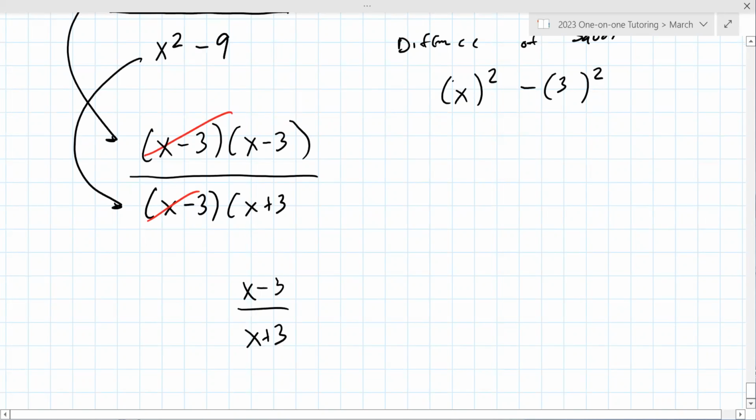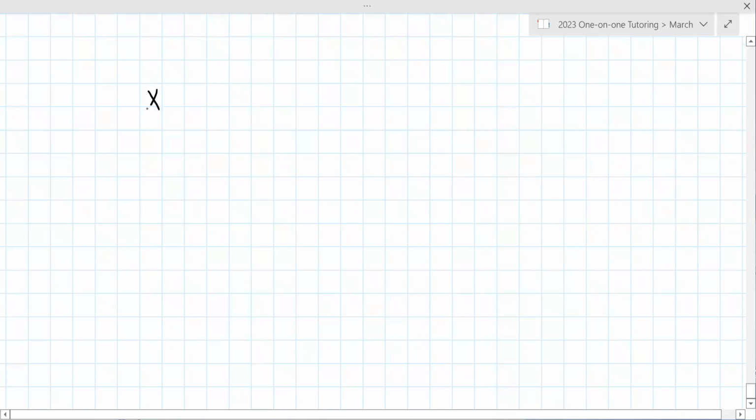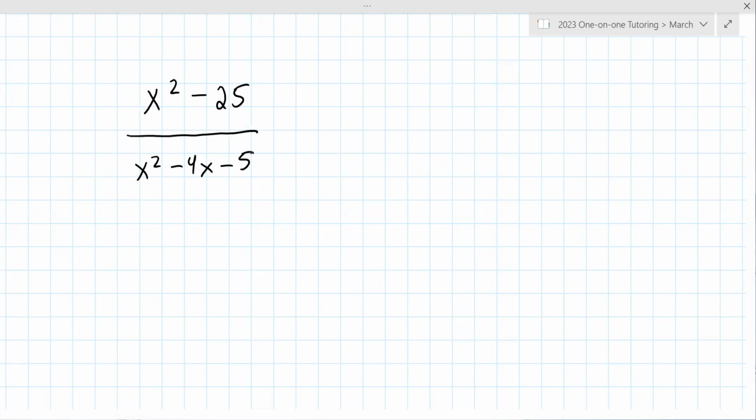Okay, let's try another one here. Let's go x squared minus 25 over x squared minus 4x minus 5. Would the first one be x minus 5, x plus 5? Yes.